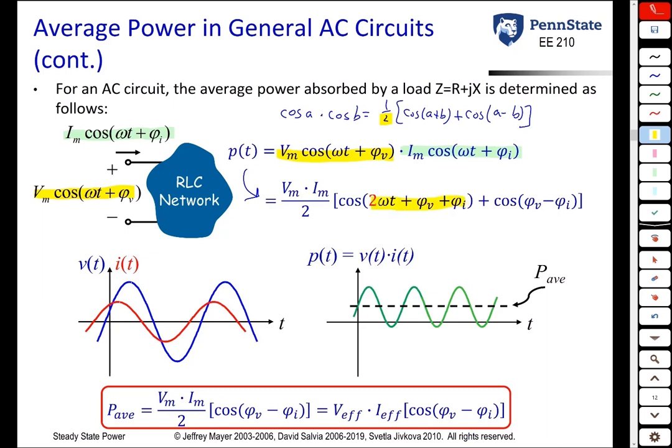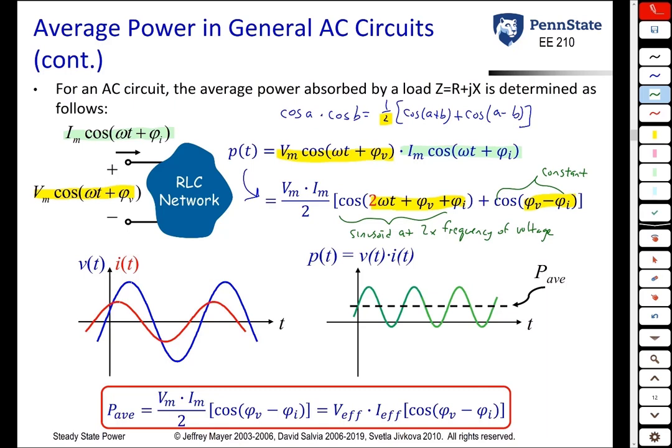Then when you subtract omega t plus phi sub i from omega t plus phi sub v, you get this. And notice the omega t disappears. This part is a sinusoid at 2 times the frequency of the voltage. This term is a constant.